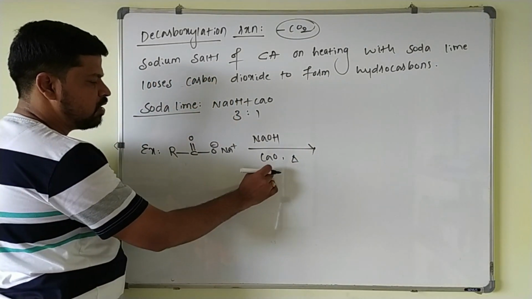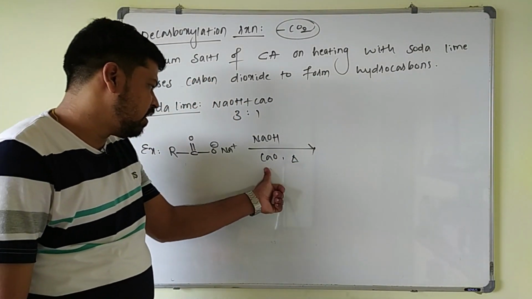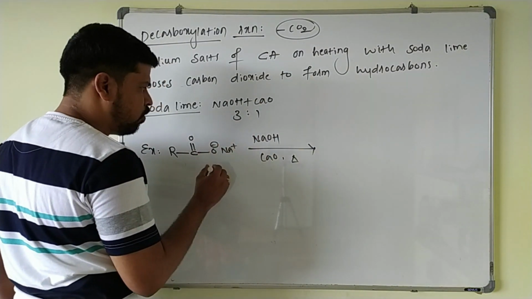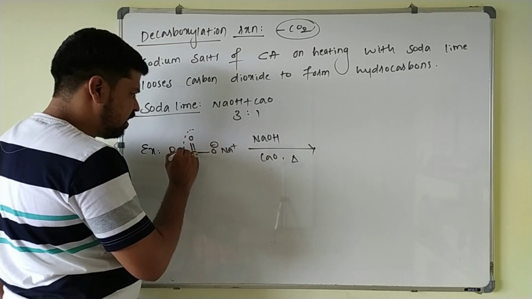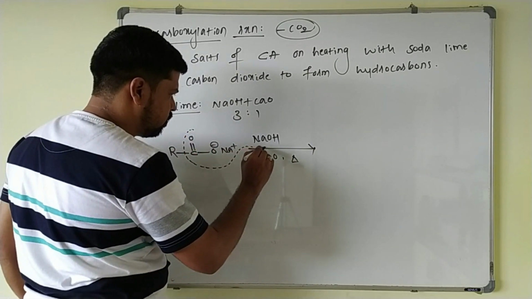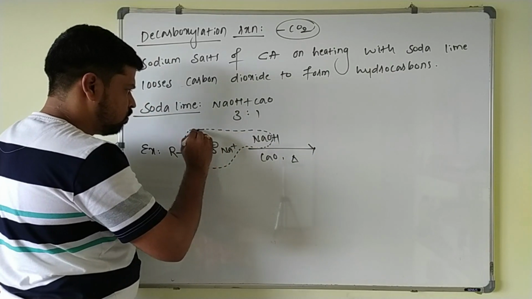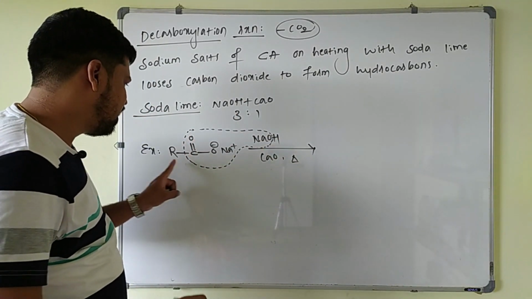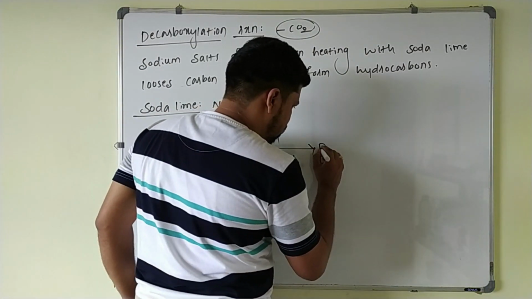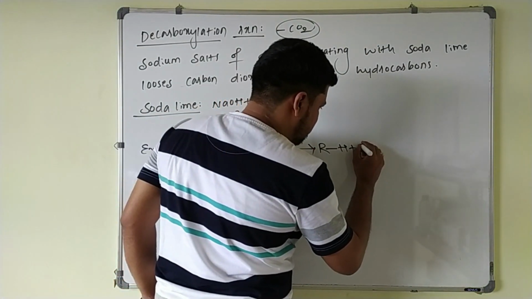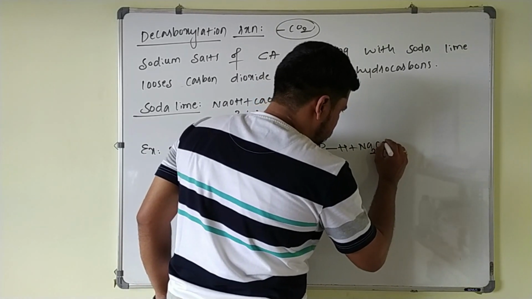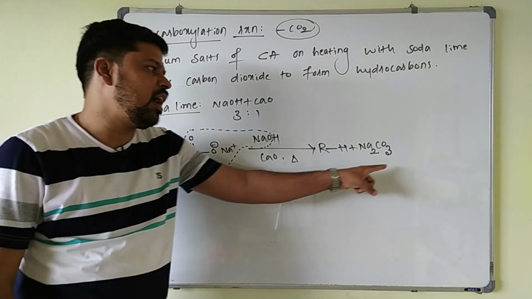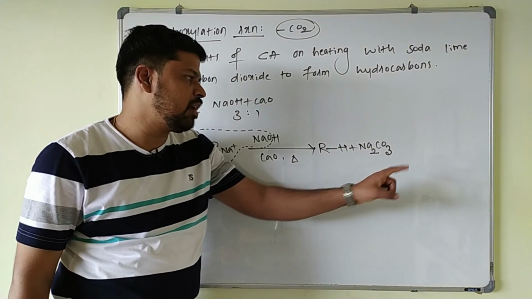This CaO is just a supporting material, okay, it is just a catalyst, it will not react. Here what you have to remove is Na2CO3, this entire part will be removed here. This Na2CO3 will come outside, so that this hydrogen is connected to this alkyl group. This is your alkane plus Na2CO3. Here CO2 molecule is eliminated in the form of carbonate ion here. That is sodium carbonate you will get.